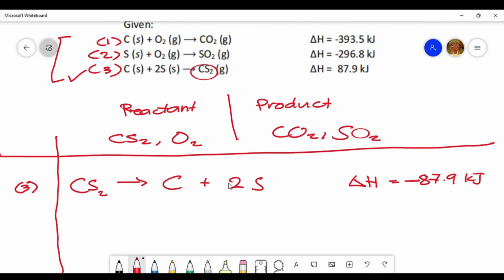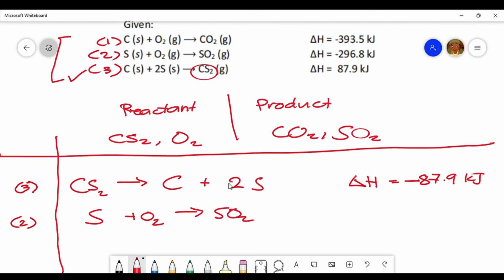And then we want to have O2. By trial and error, I think I have to go with the second equation here. We have S plus O2 going to SO2.